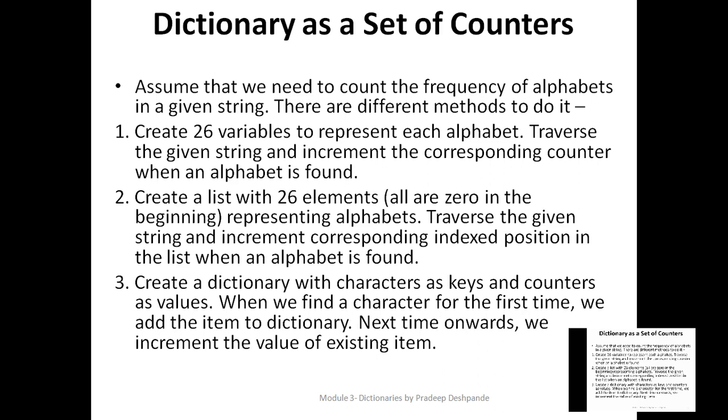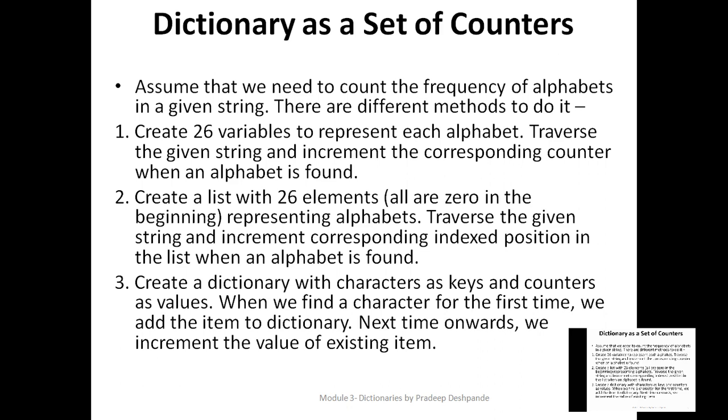So if you have alphabet A, and the name of the list is count, then count of 0 plus 1 when alphabet A is found. If alphabet B is found, count of 1 is incremented. Similarly up to Z.